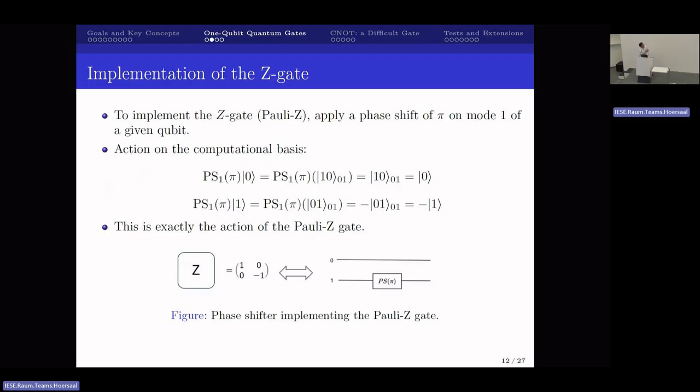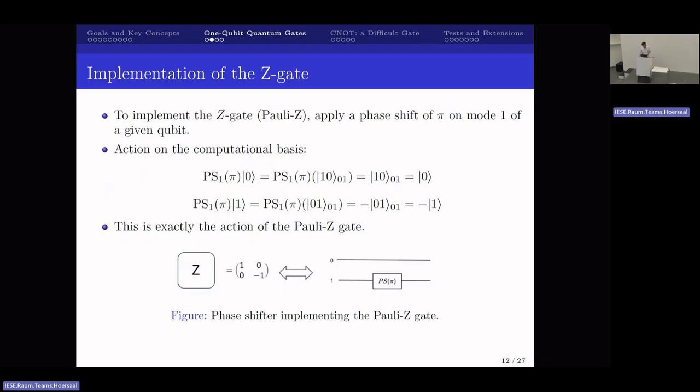That's the first line. The second case is when you have a qubit in the ket 1 state. Then you apply the phase shifter, but this time there is a photon in mode 1, on which the phase shifter is applied. So it introduces a phase shift in front of this state.